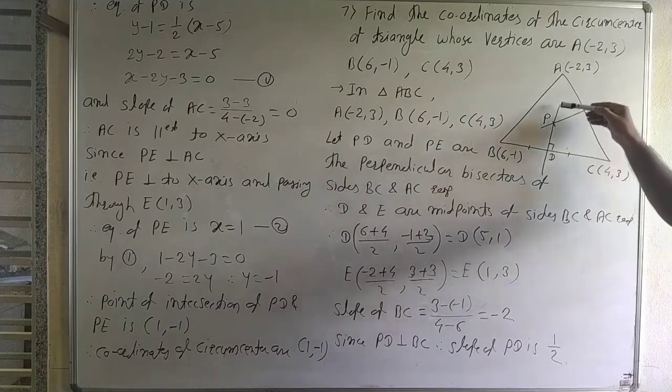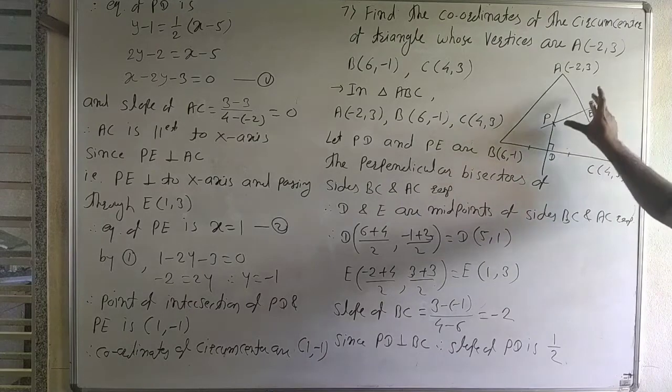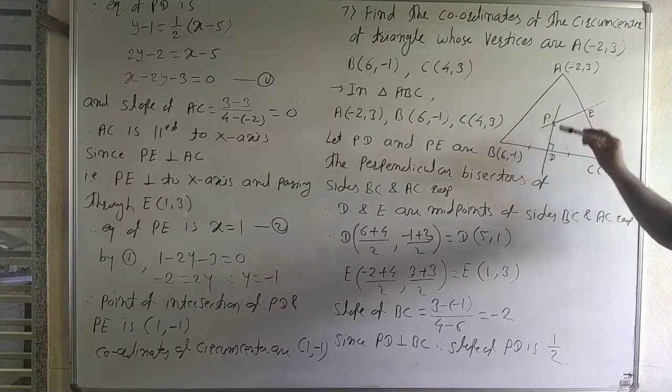PD and PE are perpendicular bisectors, therefore P is the circumcenter.